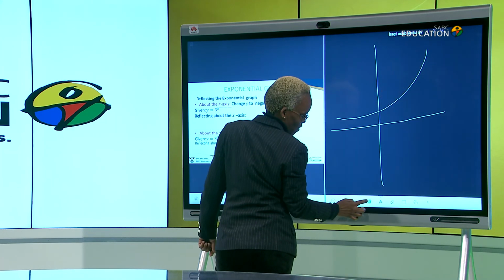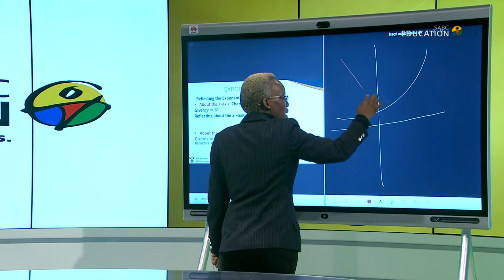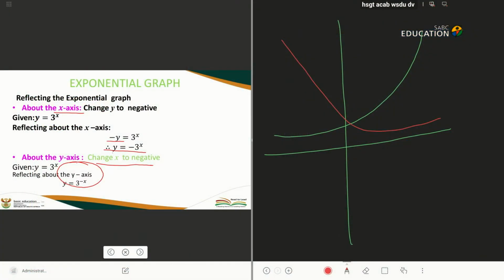I'll have that graph. Now, when I'm reflecting about the y-axis, I have that. So it gives us those 2 cases. So when I'm reflecting about the y-axis, I'll have y is equal to 3 to the exponent -x.